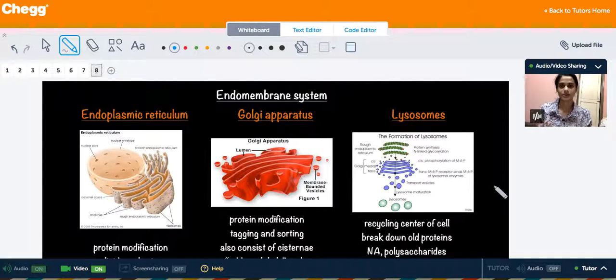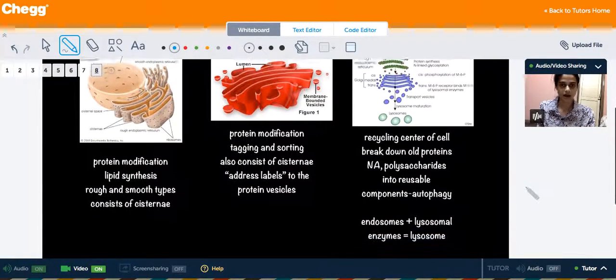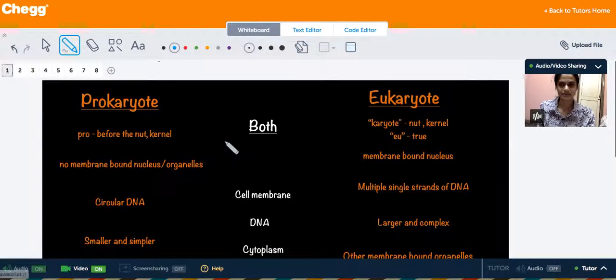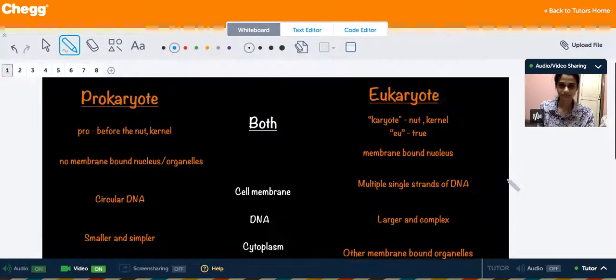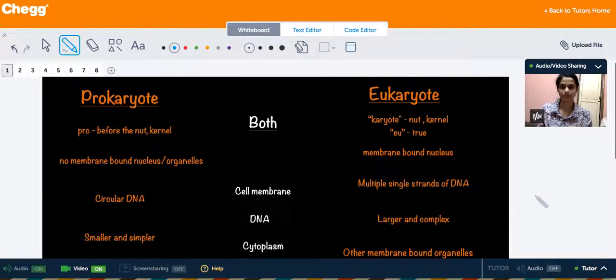And so these are the main few organelles of the cell. You have the nucleus, the mitochondria, the cytoplasm, the cell membrane, endoplasmic reticulum, Golgi apparatus, and lysosomes. And let's just recap a little bit here about the differences between the prokaryotic and eukaryotic cells. Prokaryotic cells do not contain membrane-bound organelles, but eukaryotic cells do. Prokaryotic cells are smaller and simpler.